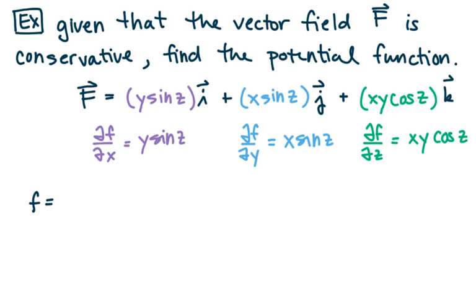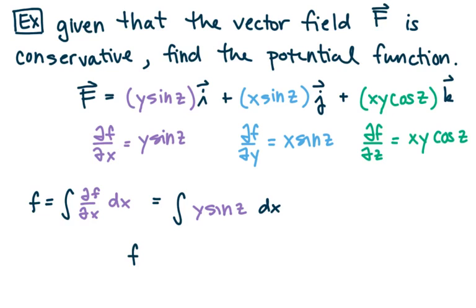So little f is equal to the integral of partial f with respect to x, integrated with respect to x, or rather the integral of y sine z with respect to x.